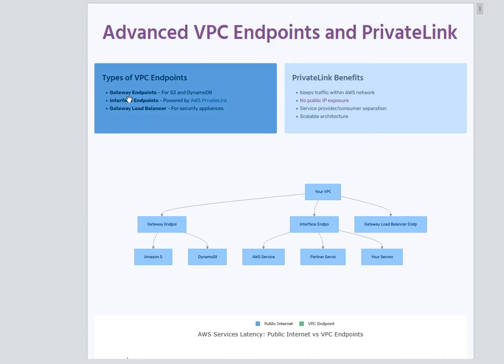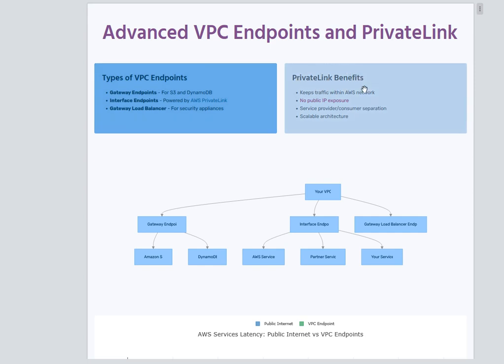Three VPC endpoint types are listed here: gateway endpoints for S3 and DynamoDB, and interface endpoints, which are normally powered by AWS PrivateLink, and then Gateway Load Balancer endpoints for third-party security appliances, mostly firewalls and other things.